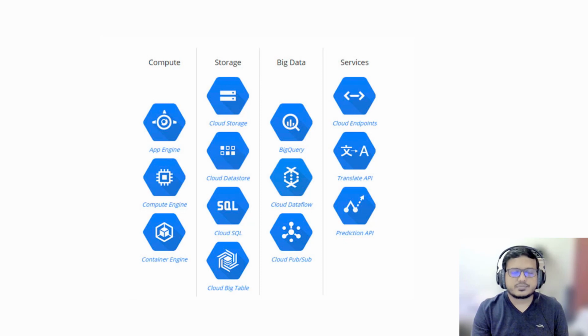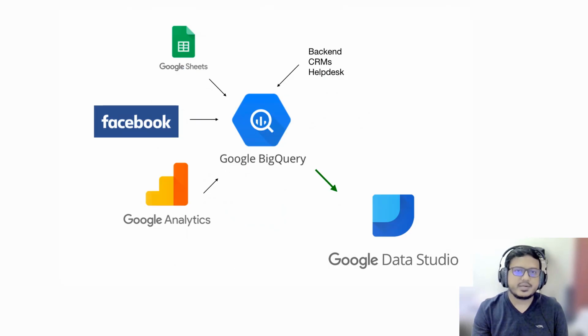Now, let's go back to discuss a bit about the data part, database part. So we talked about BigQuery a bit. So how do we work with big data in Google Cloud Platform? Now, BigQuery is Google's serverless data warehousing service.